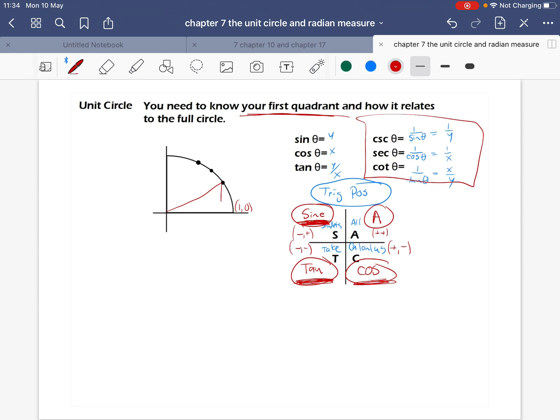Okay? So we've got this point, which is (1, 0). This point, remember this triangle. Okay. So we got to put in our radians and our degrees. So I'll start with my degrees first. 30 degrees, 60 degrees, 90 degrees. This one's 45 degrees. 30 degrees is pi over 6. 45 is pi over 4. 60 is pi over 3.